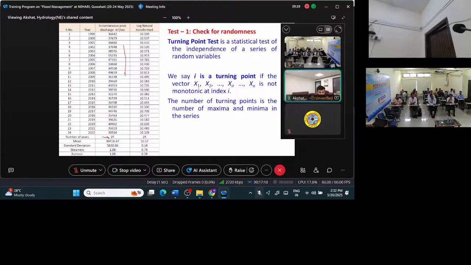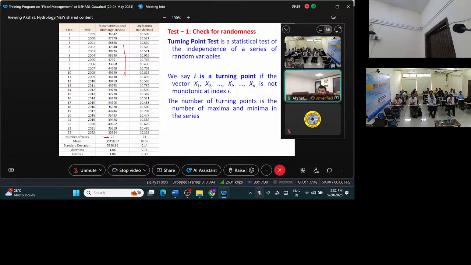So we can see that the mean is around 39,000. Standard deviation is 5,800. There is skewness and kurtosis also, and there is log transformed data also. We converted this data into log transformed data also.